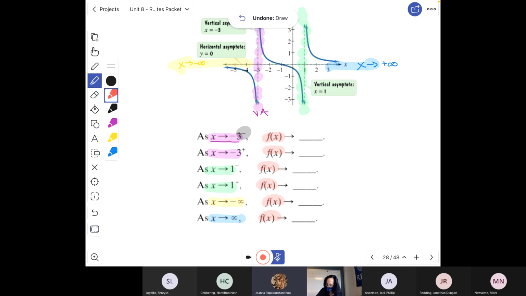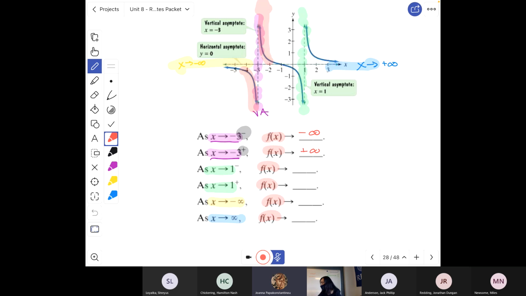So I'm looking at x going to -3 from the left. That's describing this piece. Where is the function going? To -infinity. Okay. Now let's look to the other side of the vertical asymptote at -3. And now let's approach it from the right. So approaching it from the right, what is the function doing? It's going to positive infinity. Do you see that?